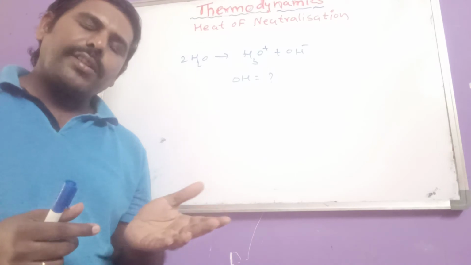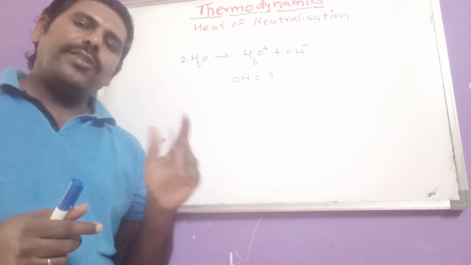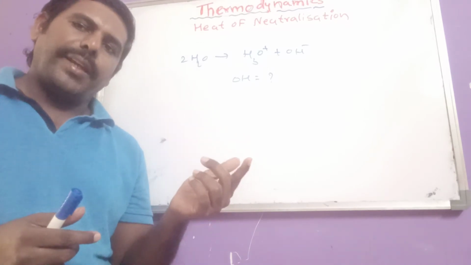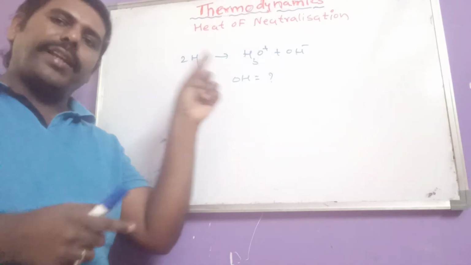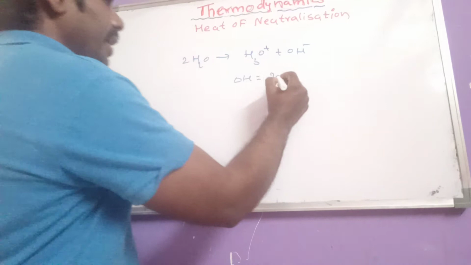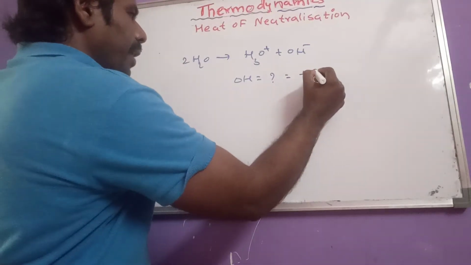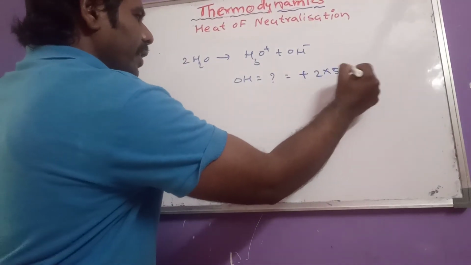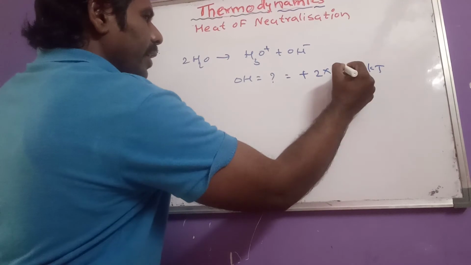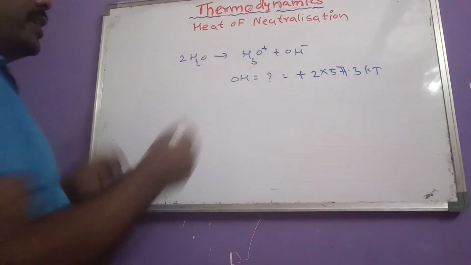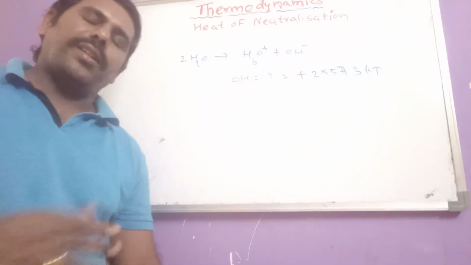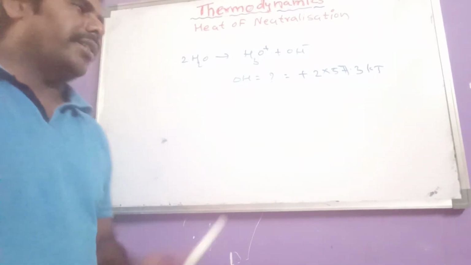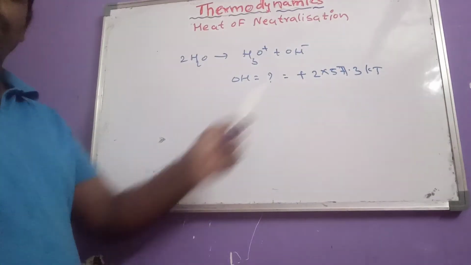If 2 moles of water are formed, minus 2 into 57.3. But now 2 moles of water are not formed, they are dissociated. That means delta H value will become plus 2 into 57.3 kilojoules, because this is dissociation of water, the reverse of the formation of water. So now we have to give a positive sign.